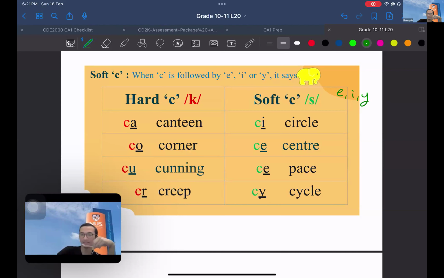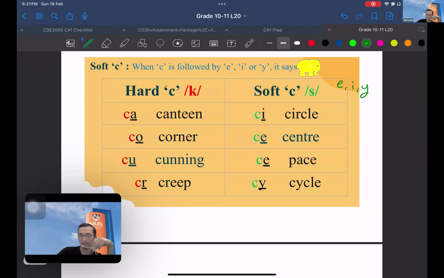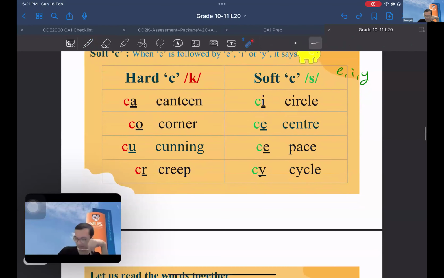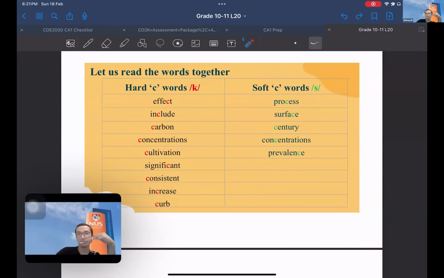In this case, the soft C is in the middle of the whole word. So it's pace. And this one is cycle. Now we're going through this one. All right, so let's read the words together.